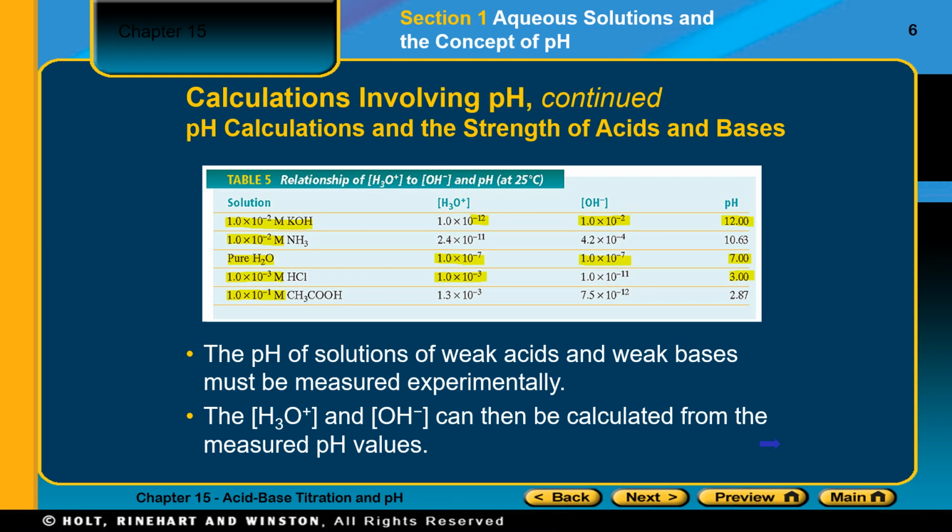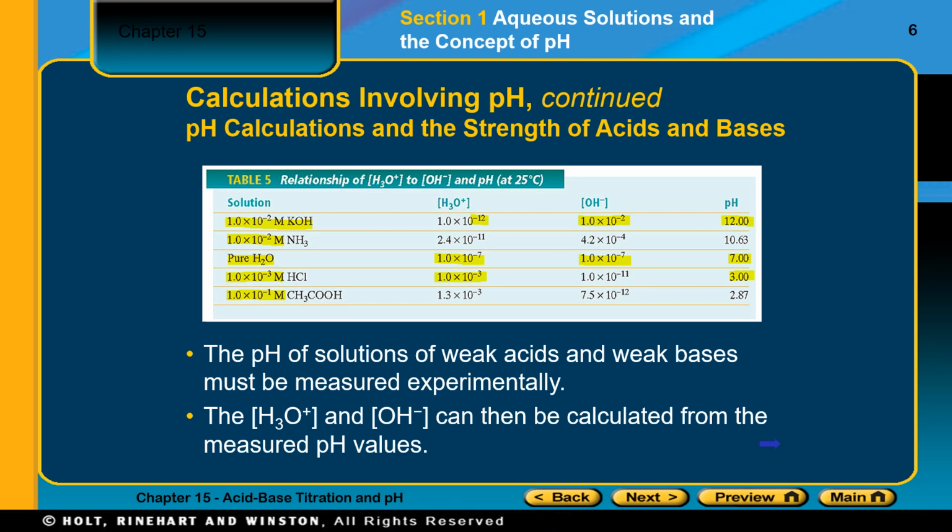So this, as well as ammonia, both of these are weak acids and bases, and you have to measure them experimentally. So what you would do is use a pH meter and measure the pH, which comes out to 2.87, and then put that into the formula: the hydronium ion concentration is 10 to the negative pH.